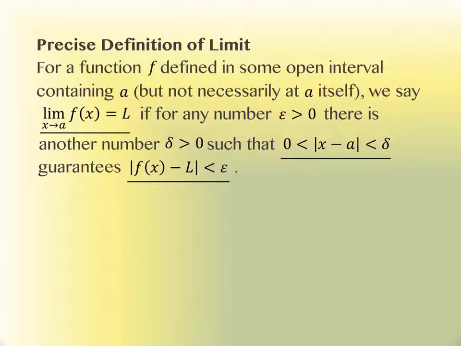That's all this is saying. It's just doing it with math notation. So if the absolute value of x minus a is between 0 and delta, then you're guaranteed to have the absolute value of f of x minus L less than epsilon.